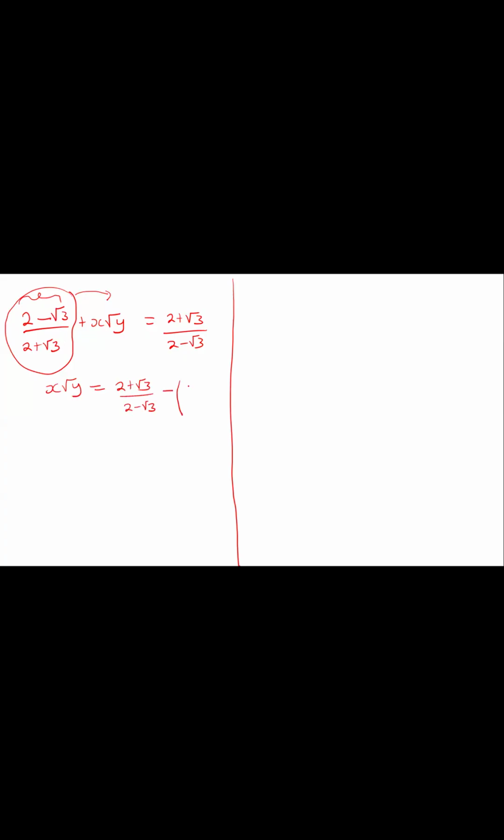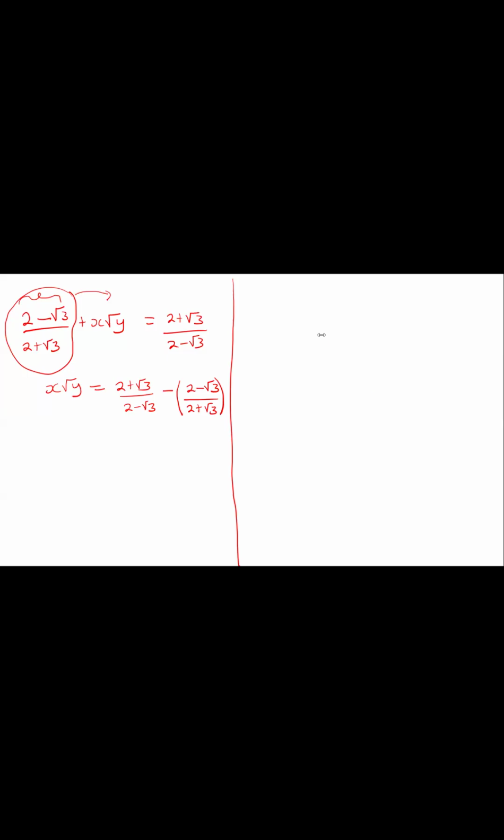So when I say minus, this side I have 2 minus root of 3 over 2 plus root of 3. Kindly let me know through the chat whether that first step is okay, everyone, how we have made it cross to the other side.